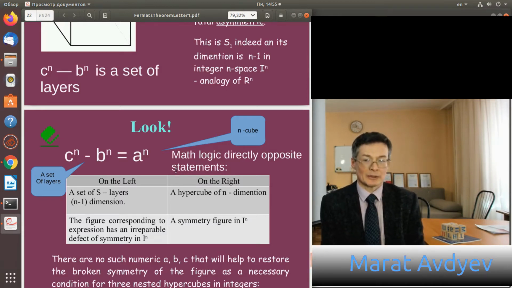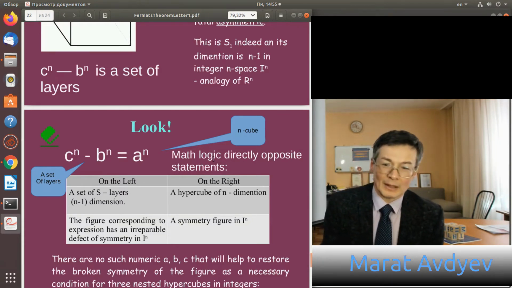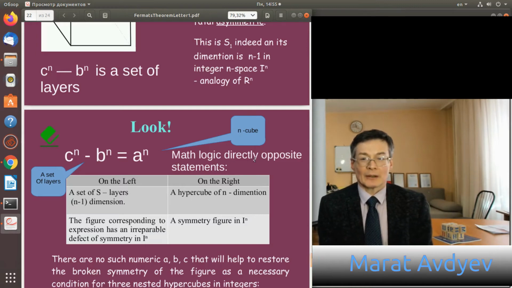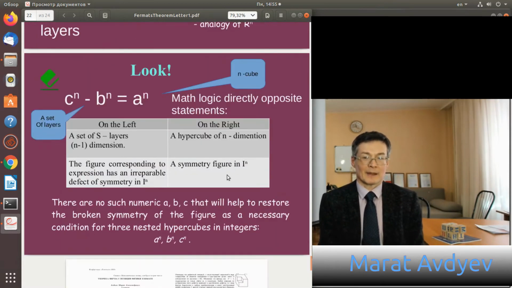Its dimension is n, and this figure has the symmetry property. In logic, we have directly opposite statements. So there are no such A, B, C in I power n space that correspond to this formula. That's enough.